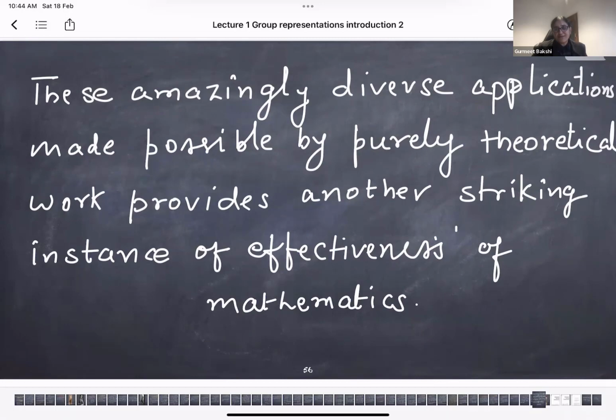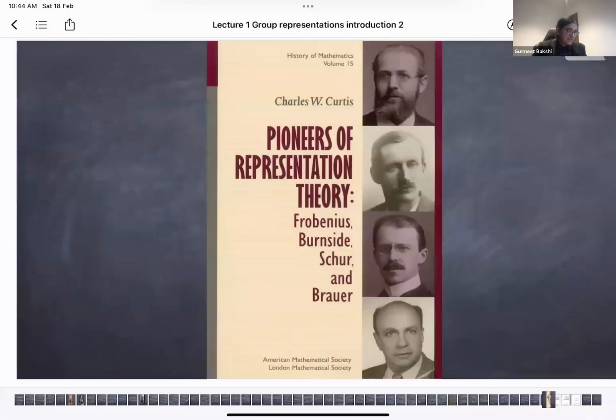Initially one just thinks of a problem, develops the theory without having any applications in mind, but then over the years, after 100 years, so many applications are seen, and there is so much development in the subject.